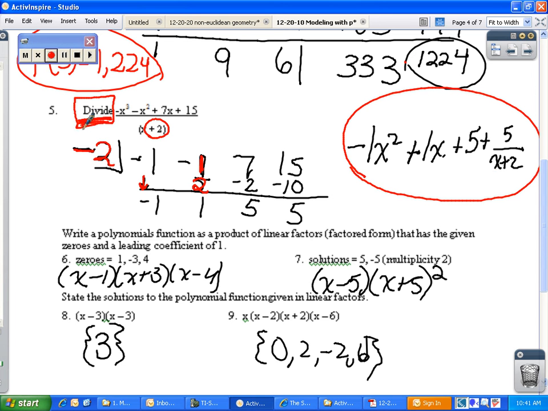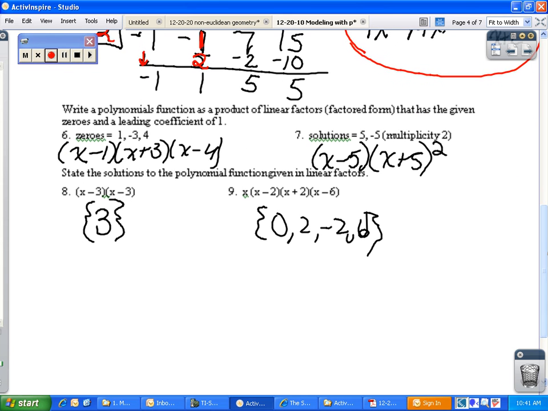Okay? Next one, when we're just writing out our linear factors, in this case, x just changes sign: x minus 1, x plus 3, x minus 4. In this one, I actually have 3 solutions because of a multiplicity of 2.